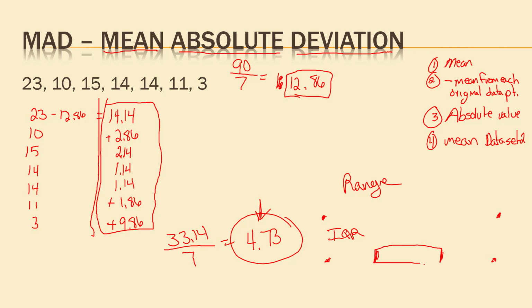Remember, we're talking about the box. So the middle 50%, Q3 to Q1. Now that we're into mean, we are focused much more on where the mean is, and we're looking at individual changes around the mean. So as we get to the various levels of variation, our focus is getting much more intense. That's mean absolute deviation.